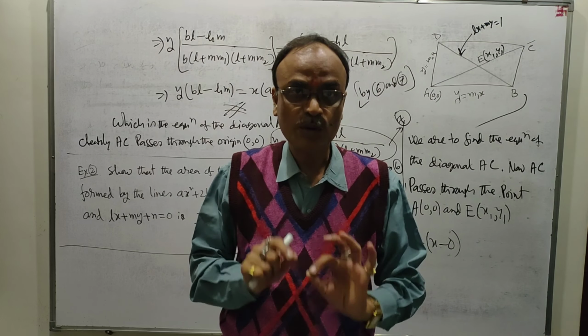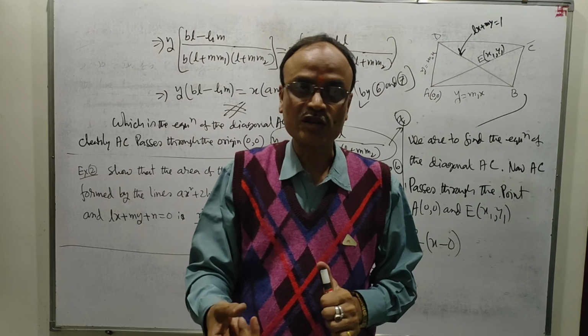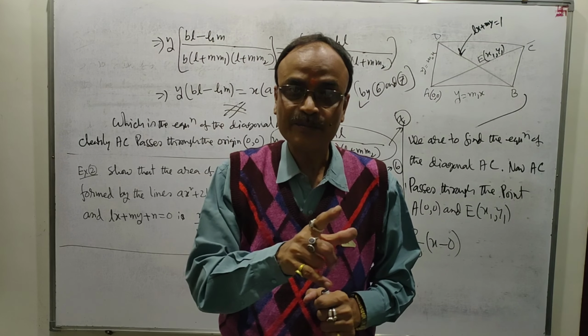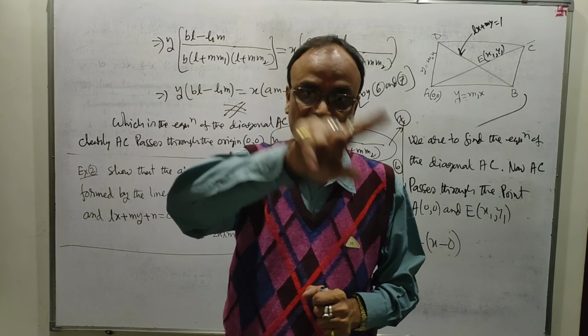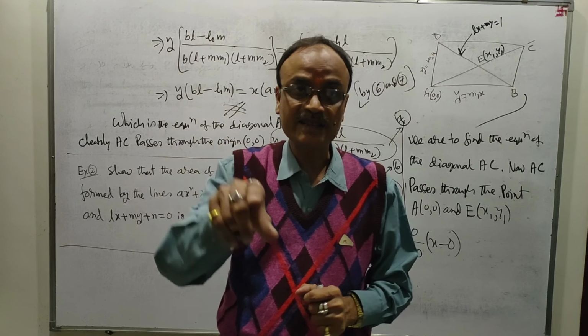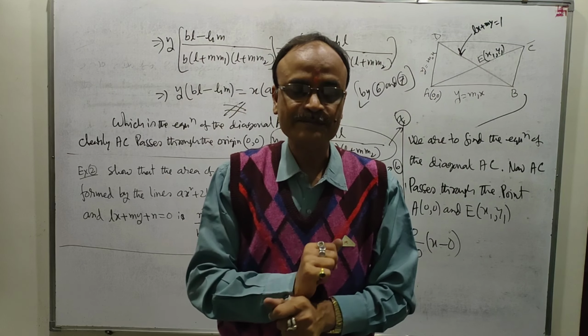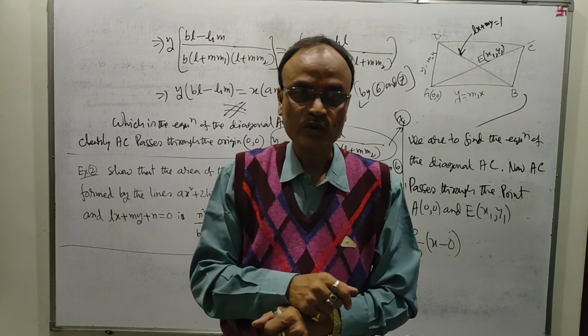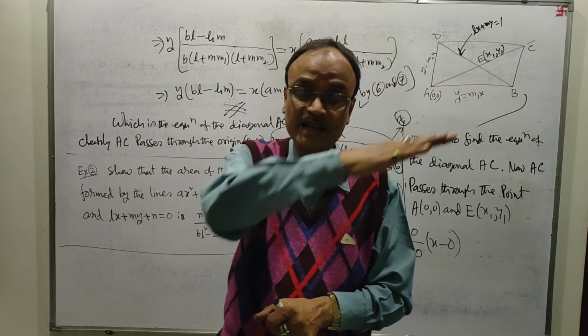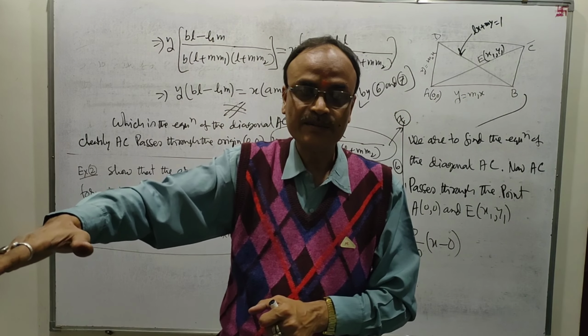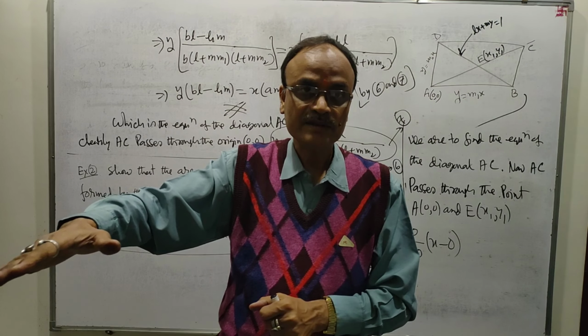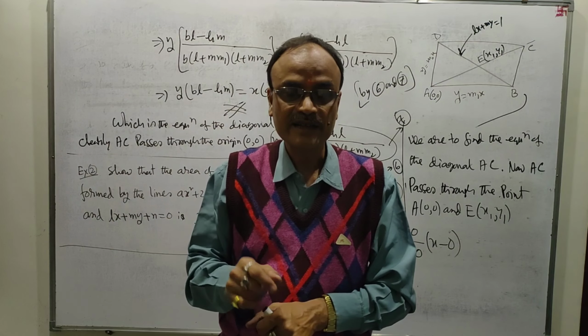So far we have got the coordinates of A in the parallelogram ABCD, which is 0, 0, and the equation of the diagonal BD, LX plus MY equal to 1.